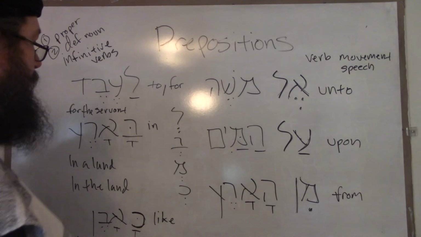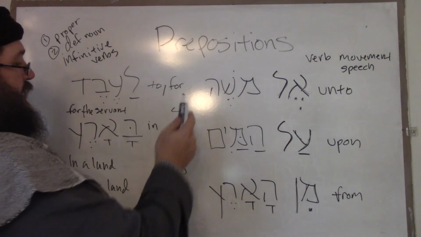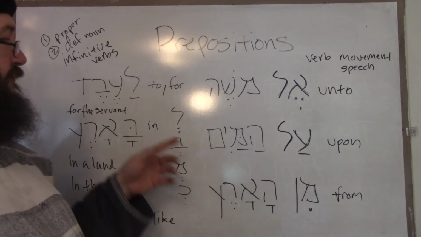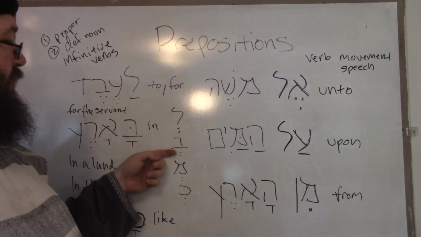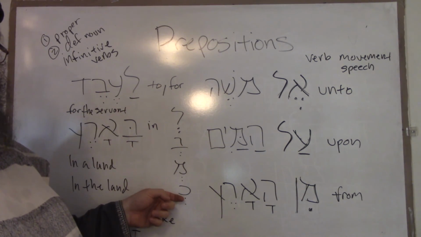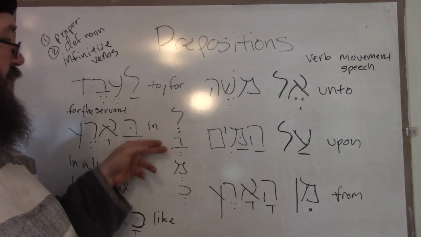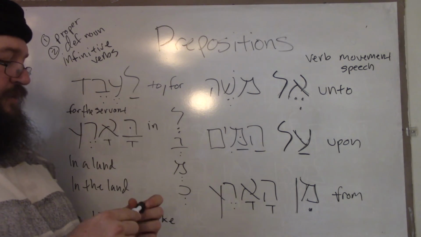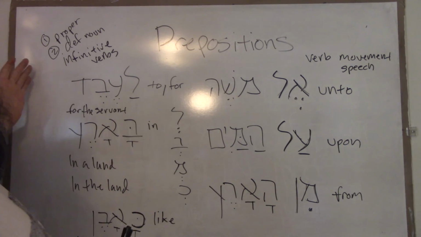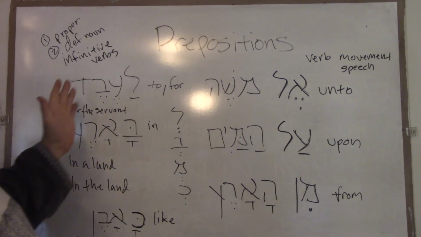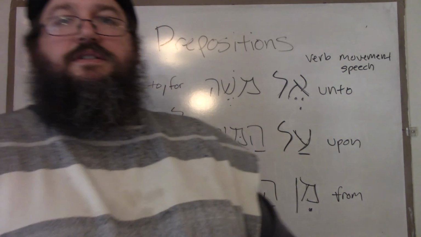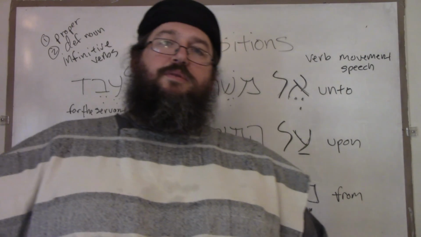For the kaf, the bet, and the lamed, if it's definite, the vowel will be placed under the lamed, the bet, and the kaf. If it's indefinite, the shwa remains here. So this teaches us how the inseparable prepositions are used and how the separable prepositions are used. And this helps us understand the basics of learning this part of Biblical Hebrew.